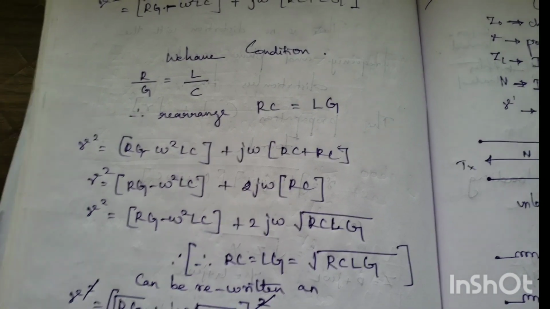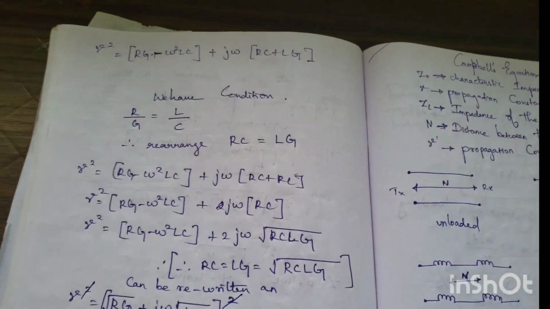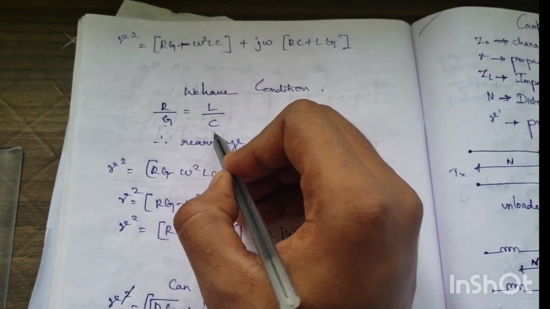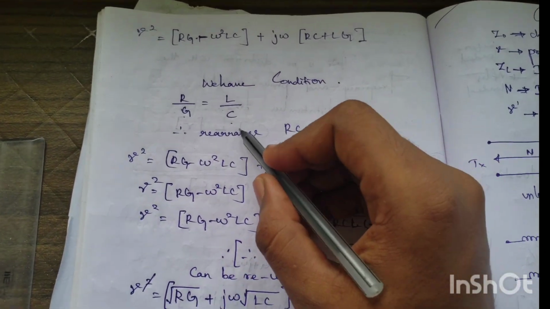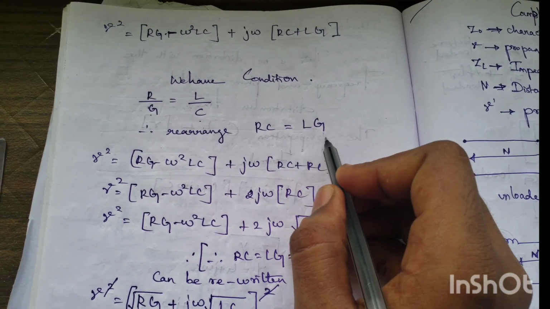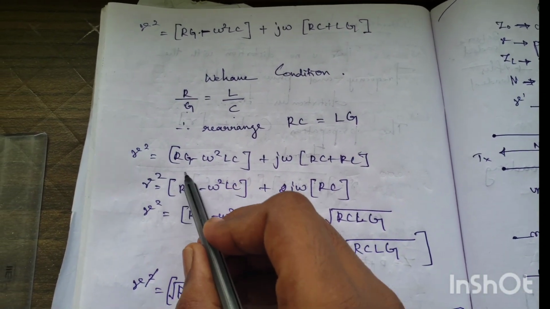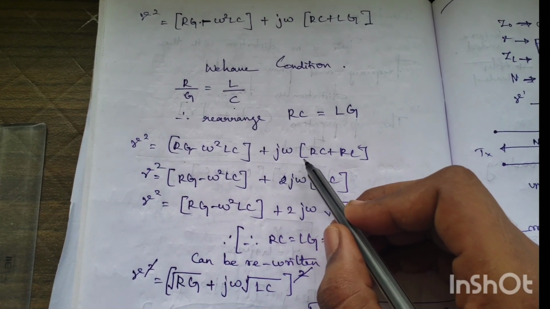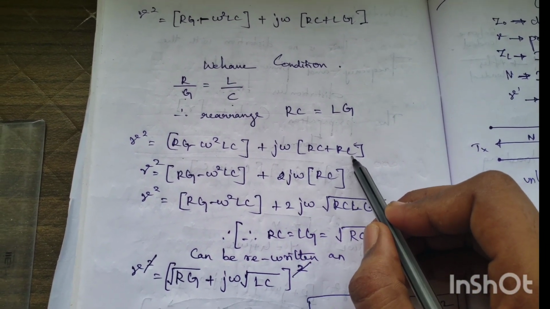And then we have a certain condition for it: r divided by g equals l divided by c. We will rearrange it like rc equals lg. So gamma square equals rg minus omega square lc plus j omega (rc plus rc).